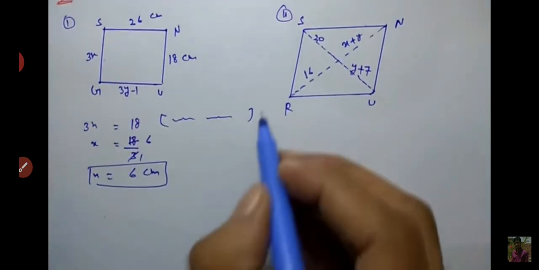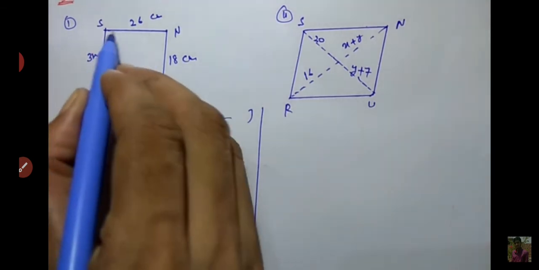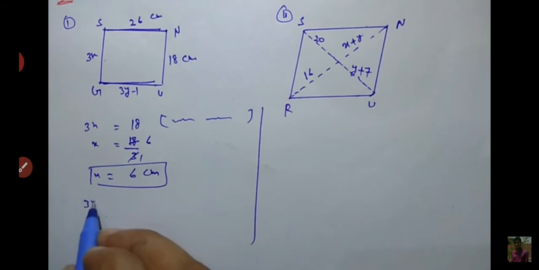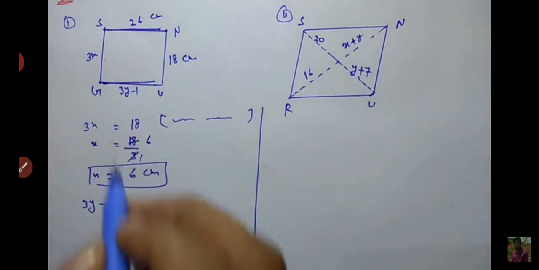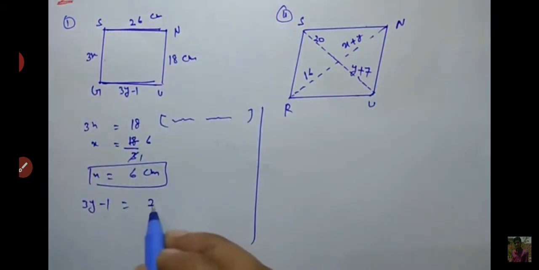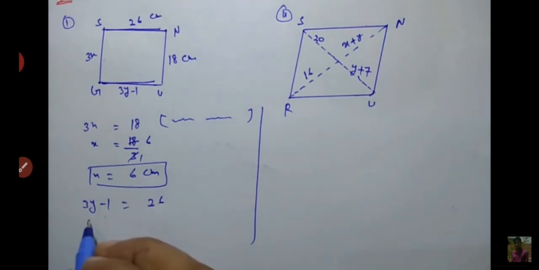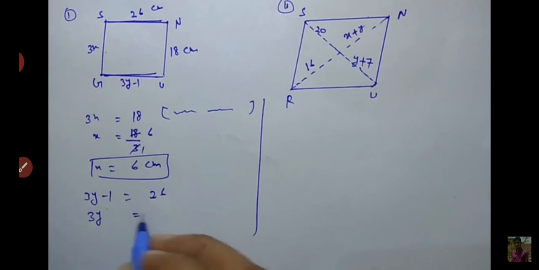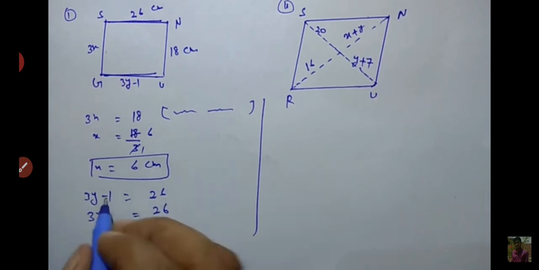Now second, if you find y, then again opposite sides are parallel and equal, so 3y minus 1 is equal to 26. So 3y is equal to 26 plus 1, since minus 1 is transposed to the other side, so it is 26 plus 1, 27.